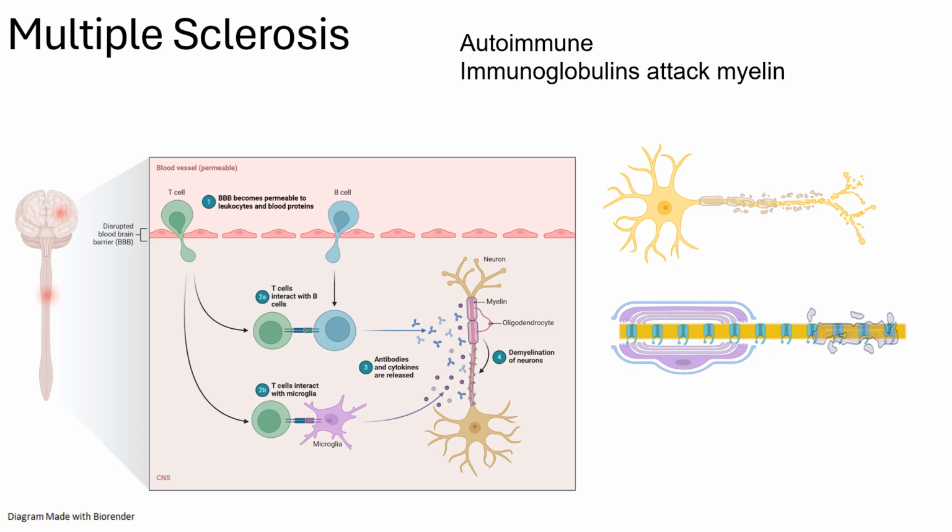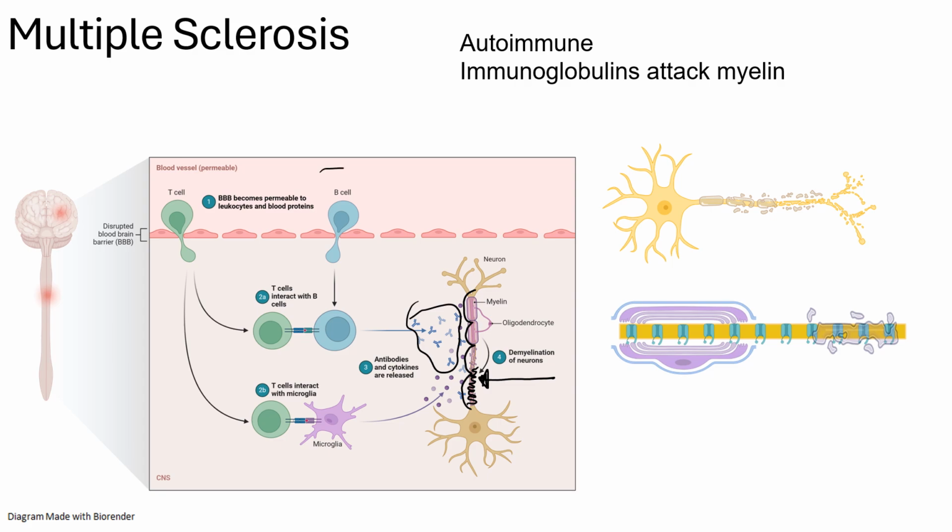And what you can see in this picture here, all of these little Y-shaped things are antibodies, and you can see that they're tearing away the myelin. And so an action potential that used to jump over the nodes of Ranvier now has to do this. And the stimulus is just not enough for that to happen.